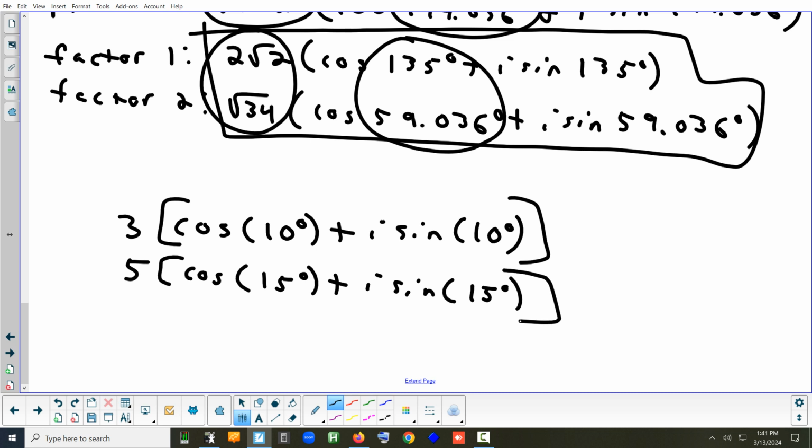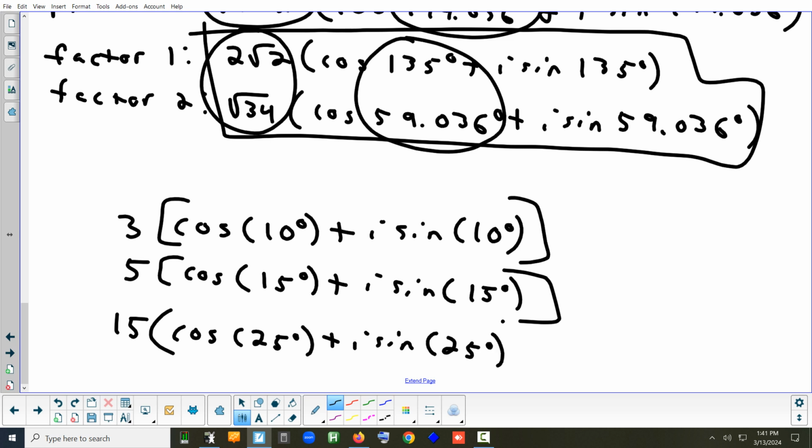If these are the two things you want to multiply together, and you don't want to go through all the foiling, the i squared, and all that stuff, all you have to do is 3 times 5, and then add the angles up. So that's a new way to multiply two complex numbers together without any of the i squared. It's a much easier calculation. You just have to multiply two things and add two things, and you automatically get the right answer.